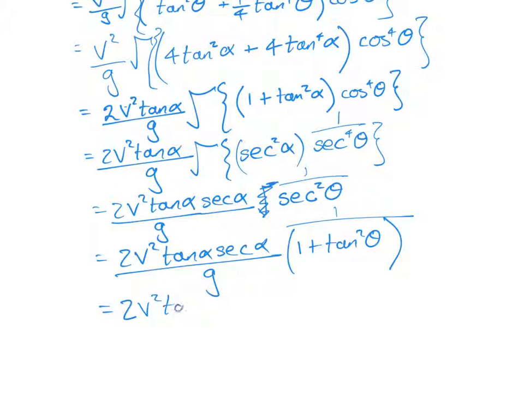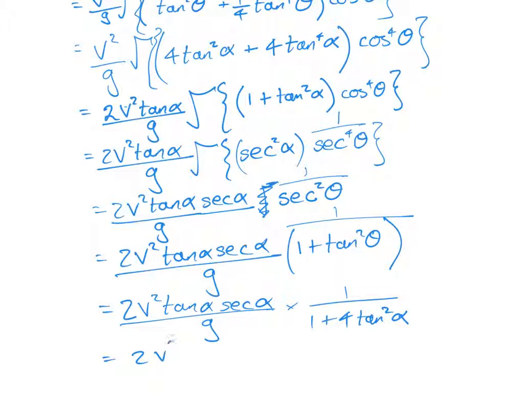V squared tan alpha sec alpha over g times 1 over 1 plus 4 tan squared alpha equals, final, 2v squared tan alpha sec alpha over g brackets 1 plus 4 tan squared alpha.